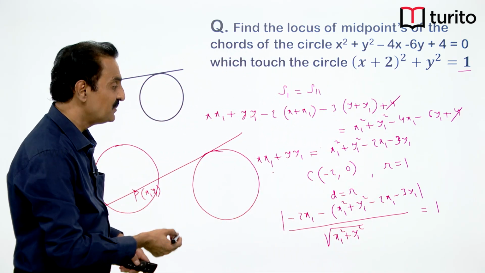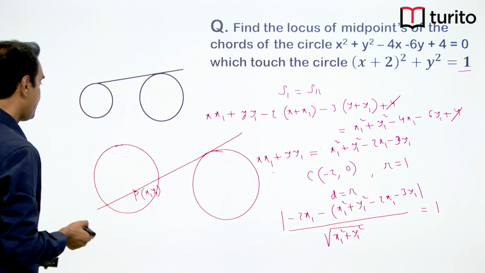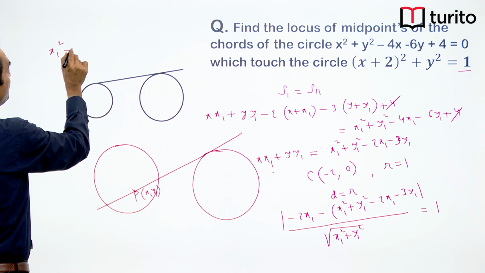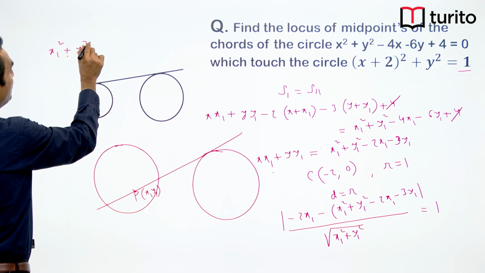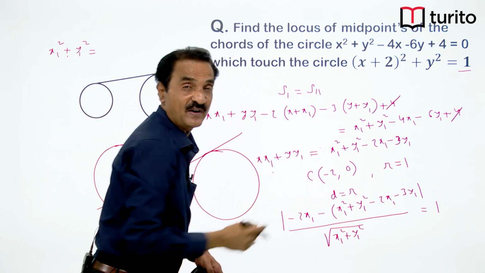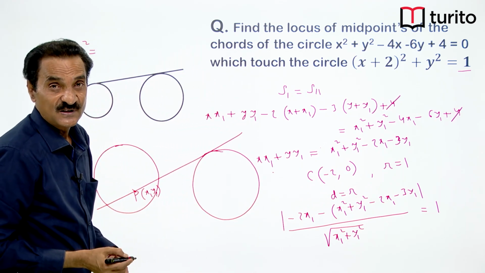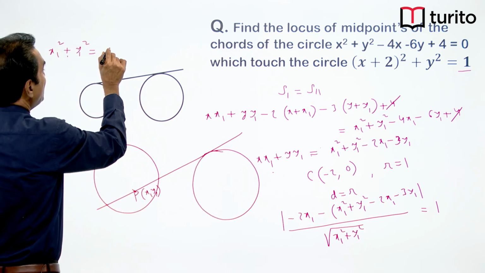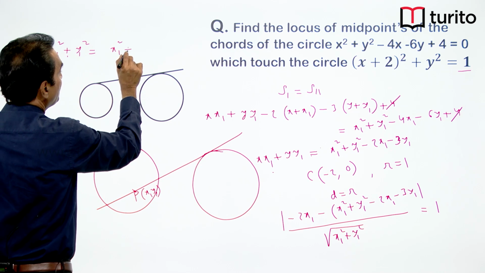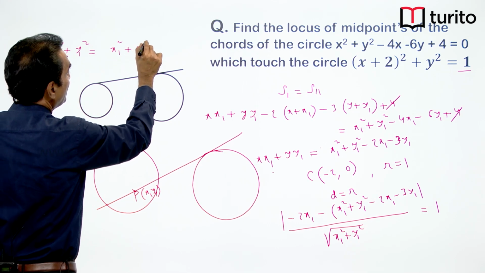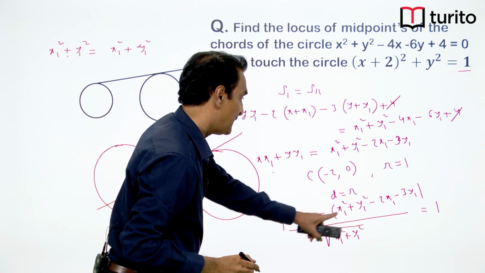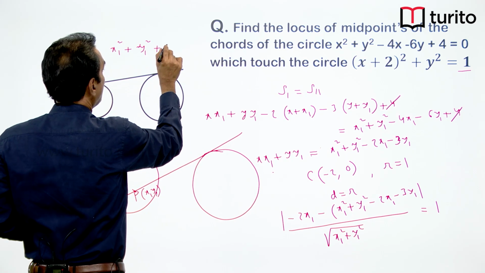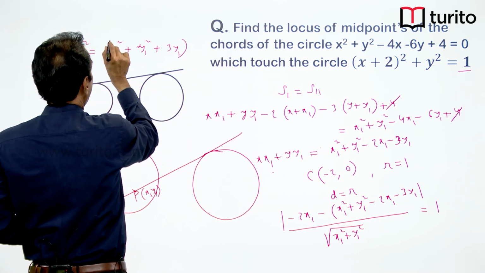Then cross multiplying and simplifying, we get, cross multiplying this and squaring, x1 square plus y1 square is equal to, what will be the RHS? (x1 square plus y1 square plus 2x1, minus 2x1 will cancel, you will get plus 3y1) whole square.